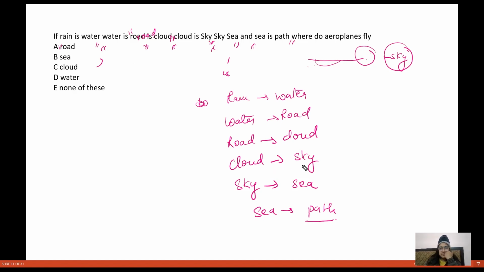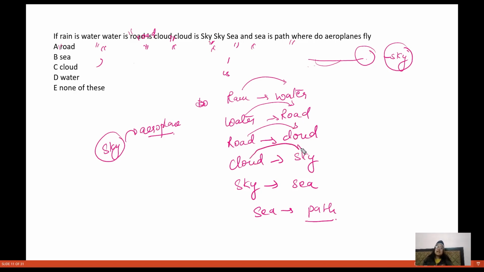Now we already know that sky is where the aeroplanes fly. Now it is saying rain is water, we find it okay. Water is road, okay. Road is cloud, okay. Cloud is sky, and sky is sea, and sea is path.